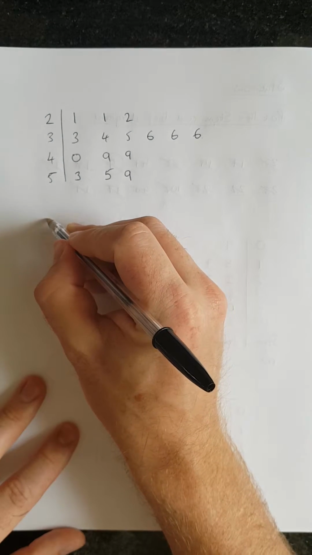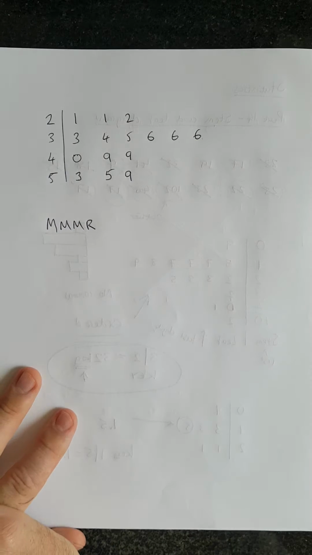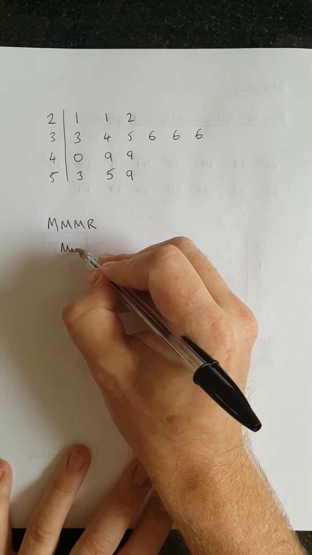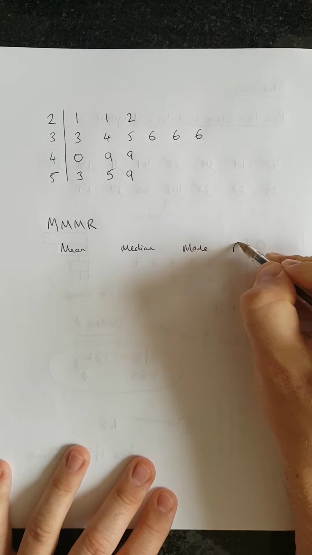So we're going to find those 4 things. What does MMMR stand for? That's right. Mean, median, mode, and range.